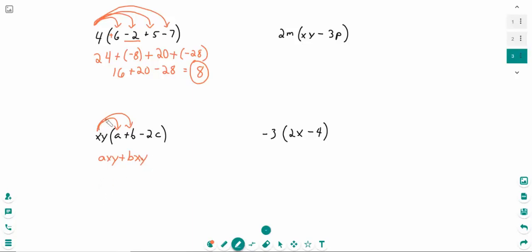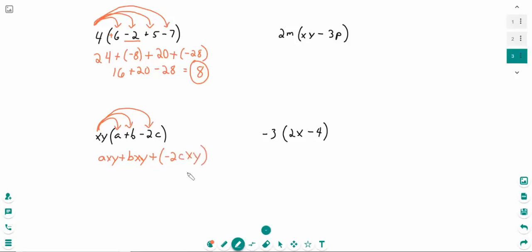And then we're going to multiply it again by the third term here. So we have xy times the negative 2c, and if I wanted to, I could put the plus, since we are adding here. So plus negative 2, and I'm going to put them in alphabetical order: c, and then the x, and then the y.